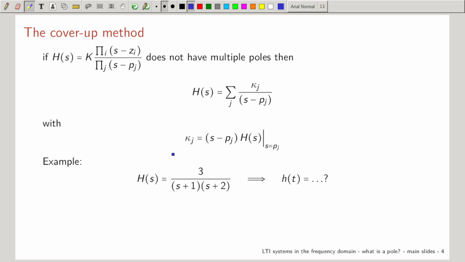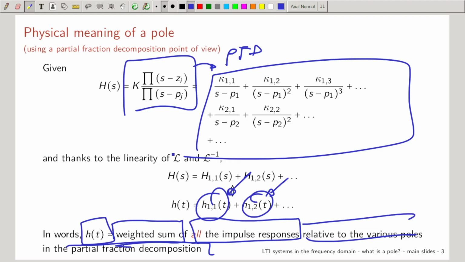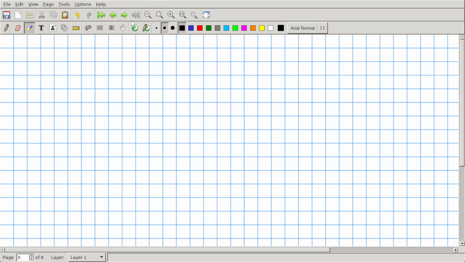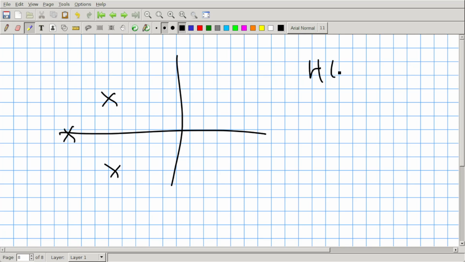That means, how many modes will I see for this H of s? 3. Or better, 2 if we put them together. This is one source of confusion, so now we have to discuss it before going on.